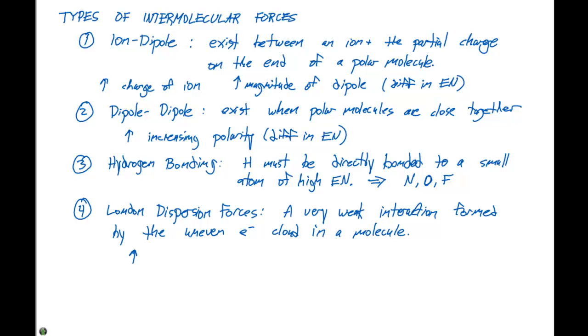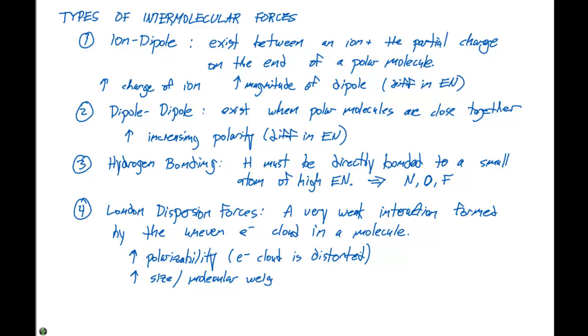These forces will increase with polarizability, which is a fancy way to say the electron cloud is distorted. And they're also going to increase with size or molecular weight. And these London dispersion forces are more common in larger molecules.